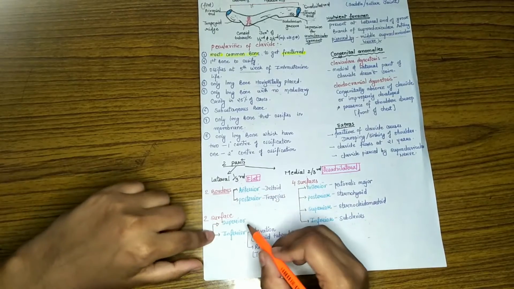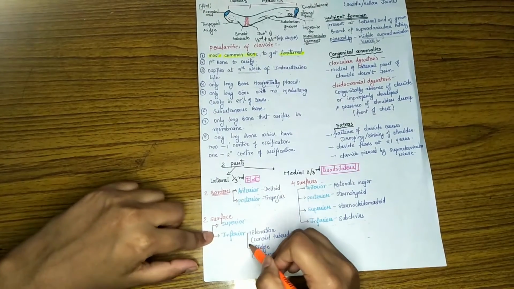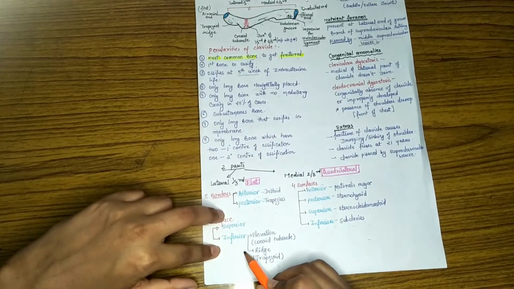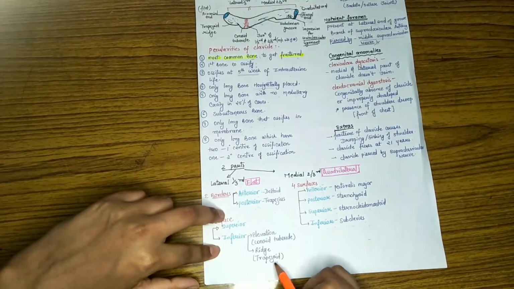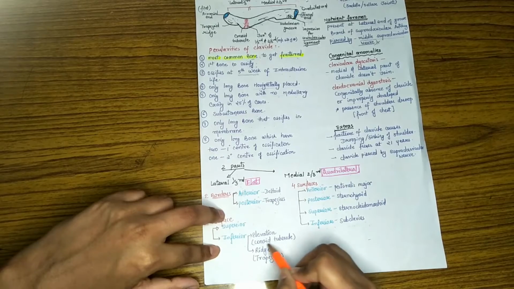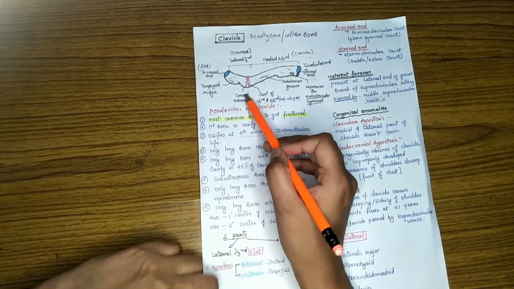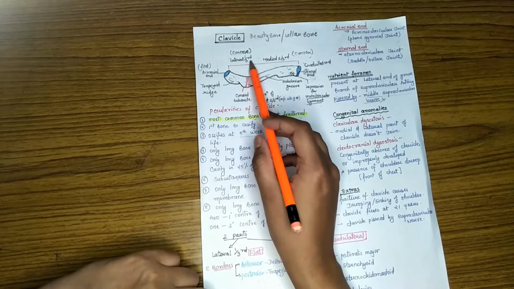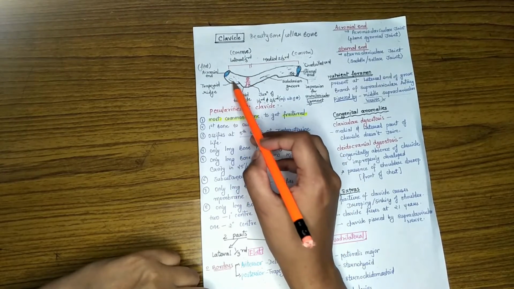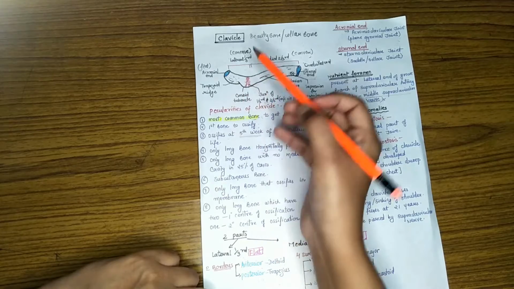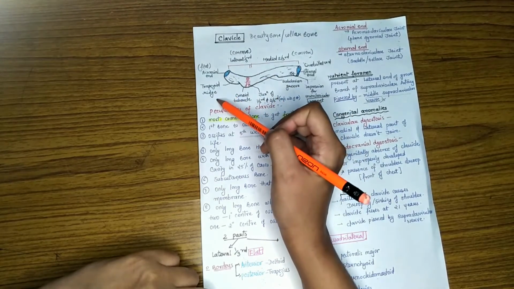The two surfaces are the superior surface and the inferior surface. On the inferior surface, there is the conoid tubercle and the ridge called the trapezoid ridge.